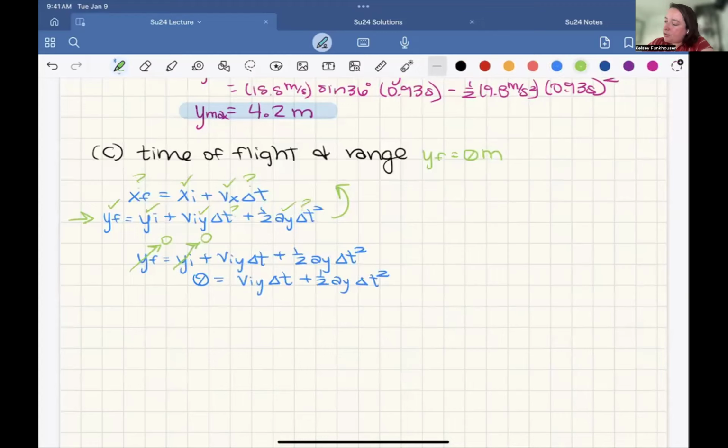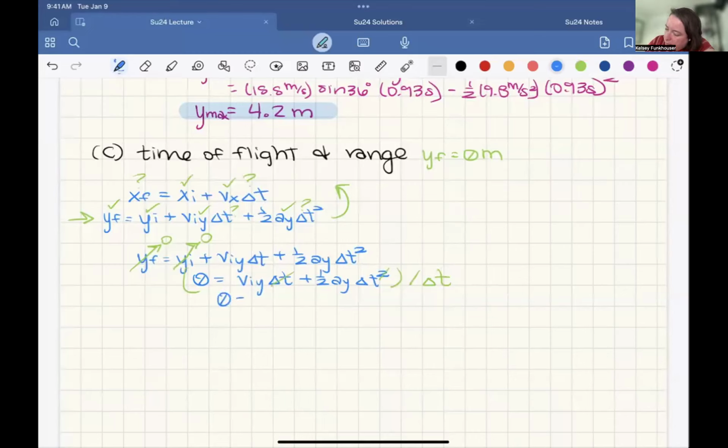And then one thing we can do is just divide everything by delta t, which is going to cancel out that one and cancel out the square on that one. So that's just because both terms are multiplied by delta t and the whole thing is equal to 0. So we can just make our lives easier.